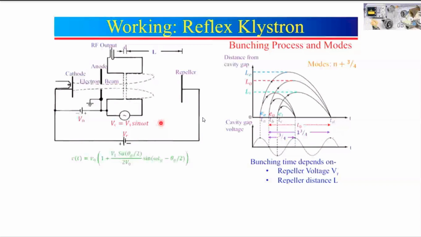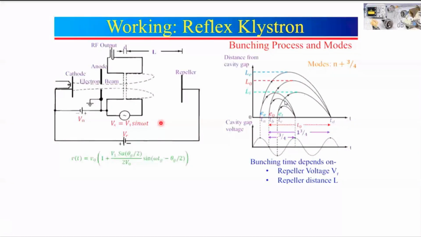This bunching takes place in the return journey of the electrons to the cavity, and because of this bunch formation there will be current modulation in the cavity. This is how the reflex klystron works. The only difference is that here feedback is provided from the repeller to the cathode, which was not there in the two cavity klystron. The formation of bunches, and velocity and current modulation, remain the same.